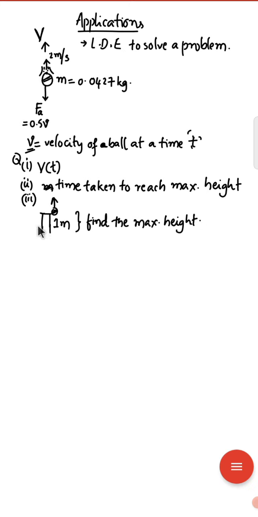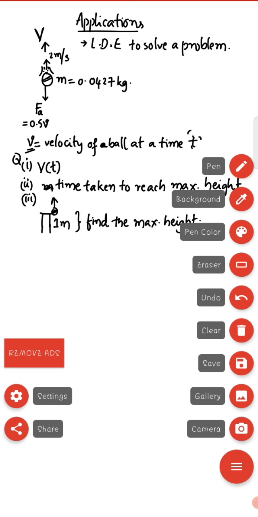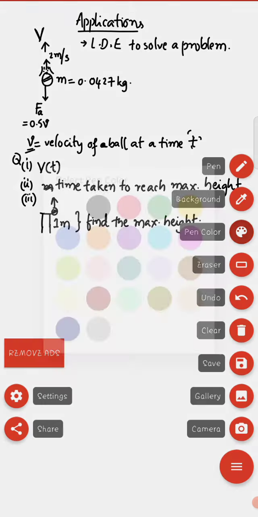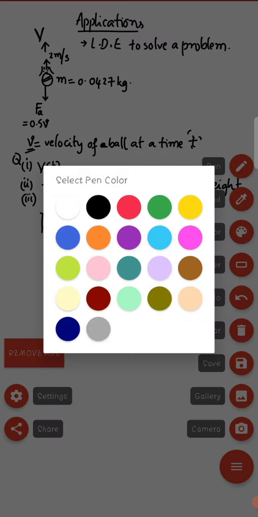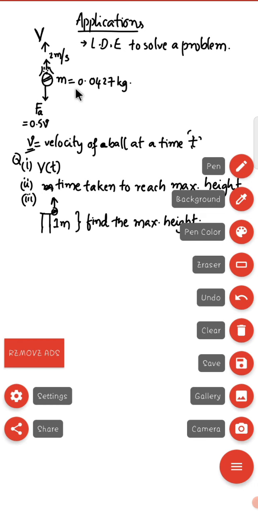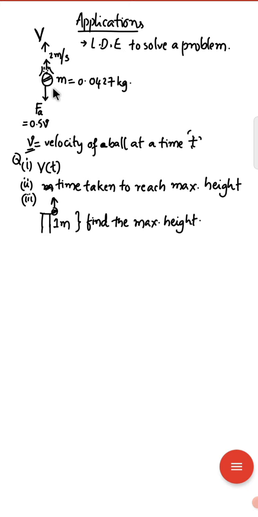So see, this is the ball. There is a force acting on the ball which is against its motion, and that is gravity.